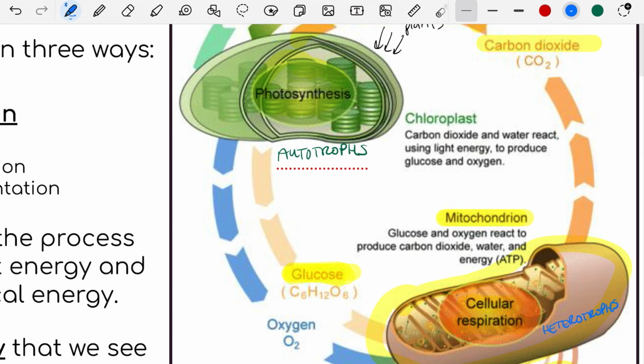Autotrophs are able to capture sunlight energy and make their own sugar, make their own food as sugar. They do that by making lots of ATP, as we'll see. But heterotrophs, they don't have chloroplasts, they only have mitochondria. And so heterotrophs use that sugar by eating other things, either plants or animals. They eat these things and get the sugars from the stuff that they eat, and those sugars go into cellular respiration in the mitochondria.